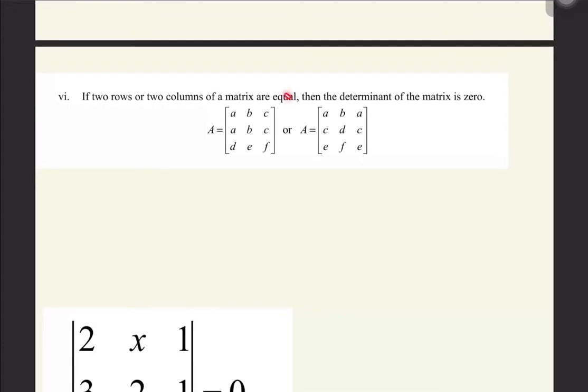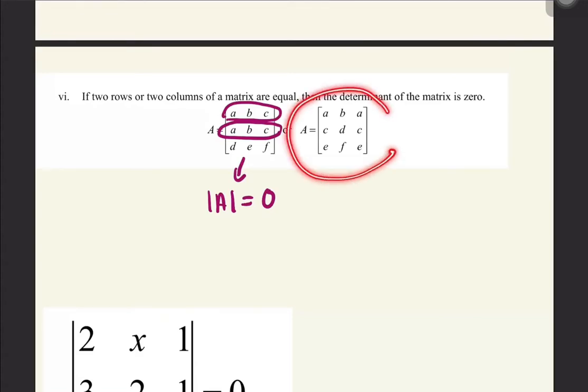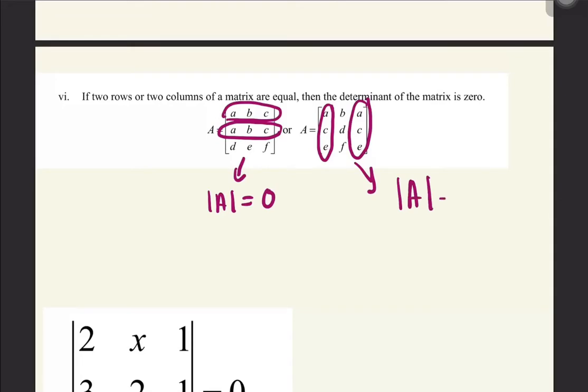So let's consider the first matrix here. As you can see, the first row is equal to the second row. So the determinant of this matrix is equal to 0. Or for the second one here, the first column is equal to the third column. So again here, the determinant is equal to 0.